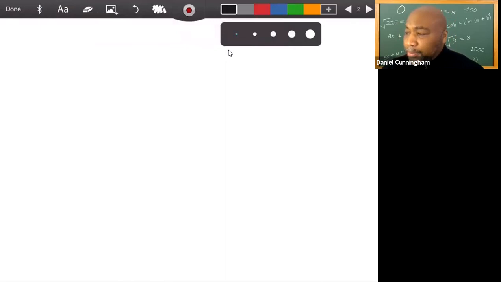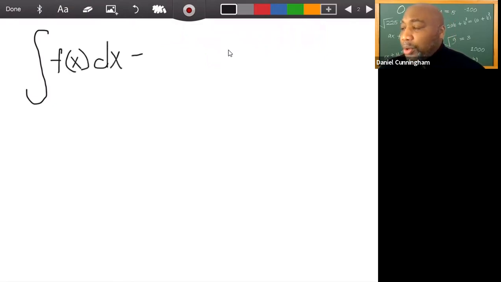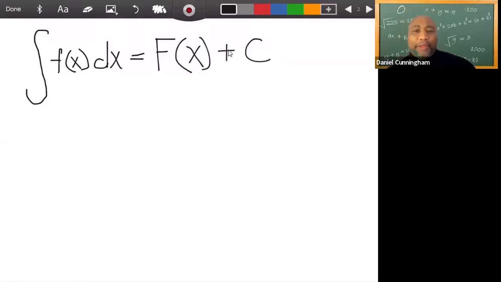Going back to what I said before, this symbol is an integral. What we want to do is put the function in the integral with respect to x, and what we're going to get in return is F of x, and normally we say plus c. We'll talk about that a little later.